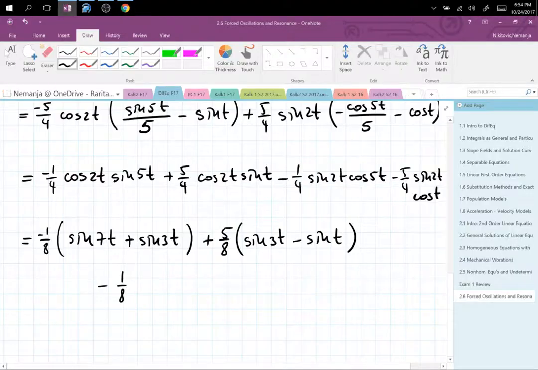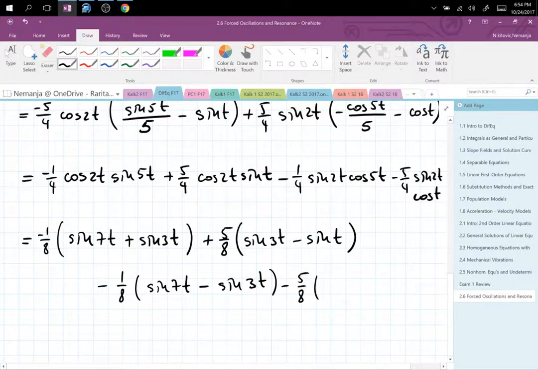Sine of 7t, and plus sine of the difference, which is going to make a minus, sine 3t. And finally, 5/8 again because of the 1/2 from the formulas.